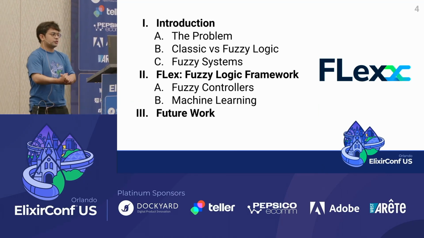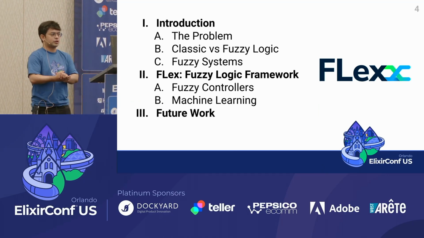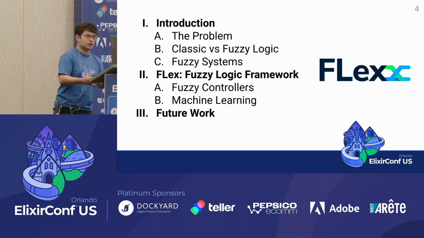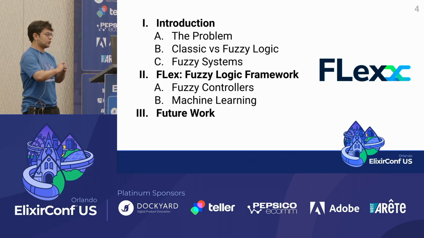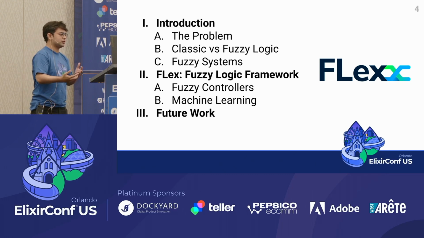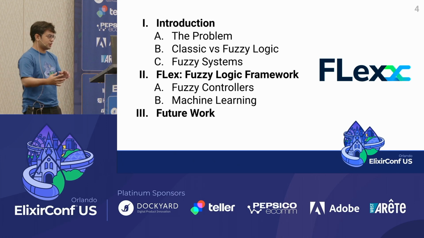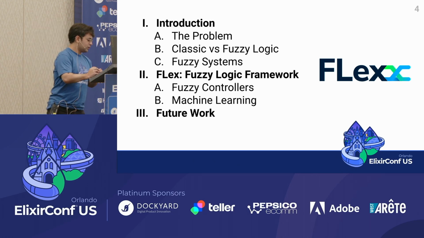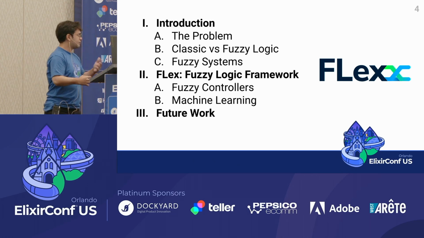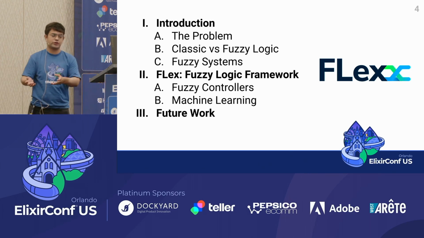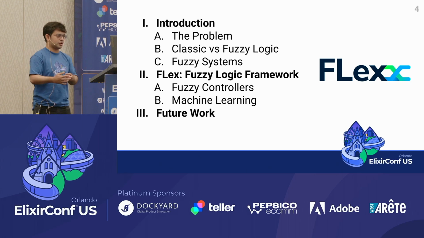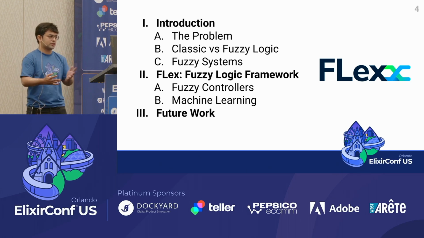Okay, so this is the content that I would like to cover today. First, we will understand what fuzzy logic is by explaining the problem that it aims to solve. Then we are going to review a comparison between classic and fuzzy logic. And then we will discuss the elements that fuzzy systems require in order to make a computer understand human statements or sentences.